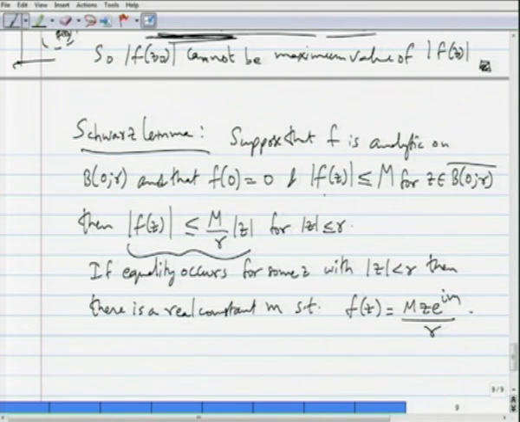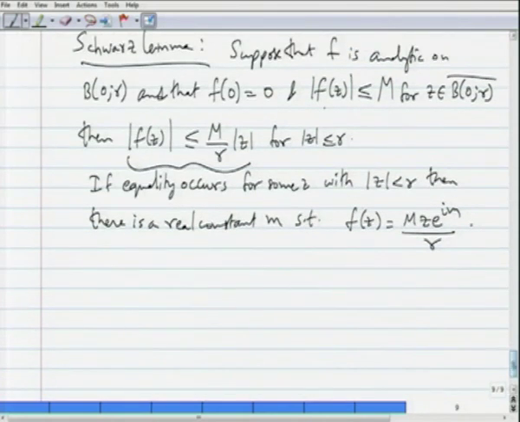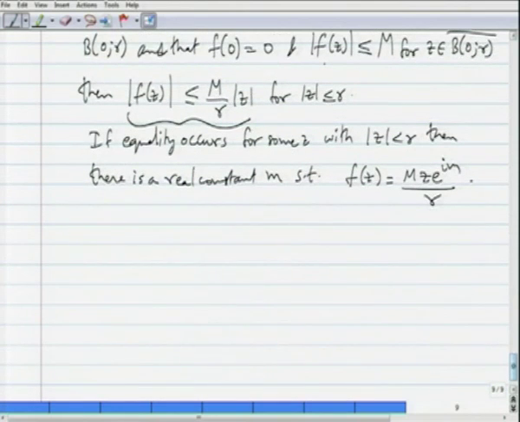So, it is actually the function M z by r up to some rotation e power i m. Since f of 0 is equal to 0, we have this as well.